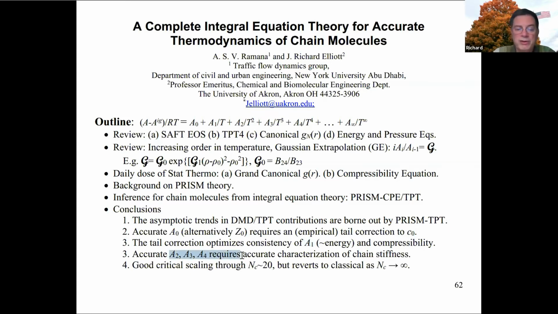Then we're ready to start taking a look at these higher order contributions. And some interesting things happen when you recognize that a chain molecule might not be completely flexible, right? So instead of being like a tangent sphere chain molecule, the way that we think of in Wertheim's theory, it might be overlapping.